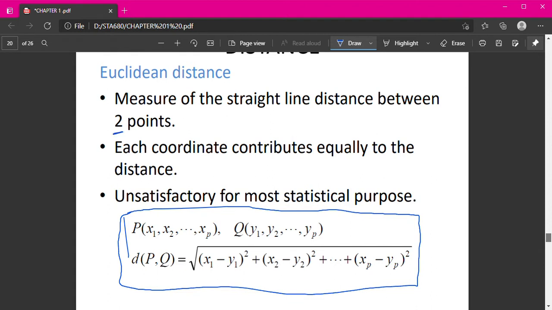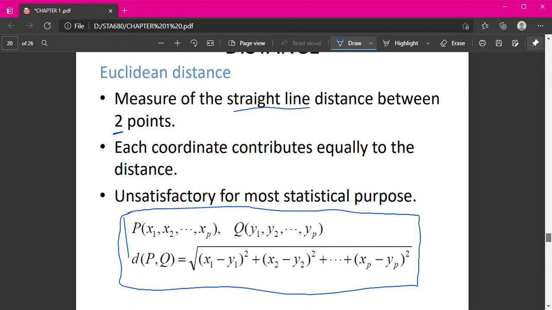Okay, 2 points. Let's say we have point P dan juga Q, notation as X dan juga Y. So, untuk dapatkan Euclidean distance, which is the distance of the straight line, so it will be X1 minus Y1 square plus X2 minus Y2 square and so on. Okay, the distance will be the square root of this value.